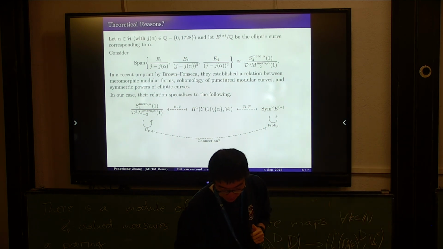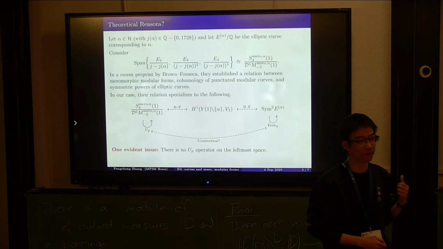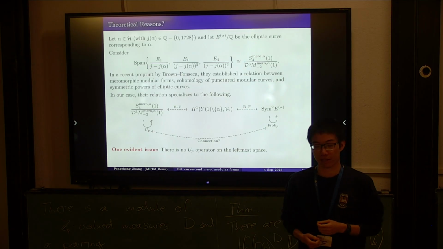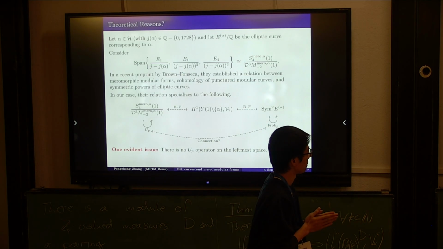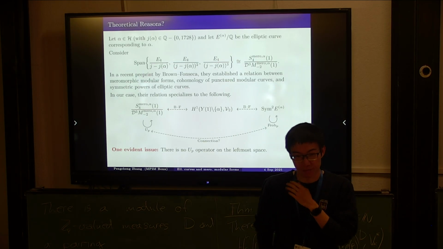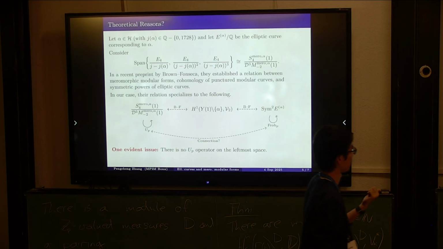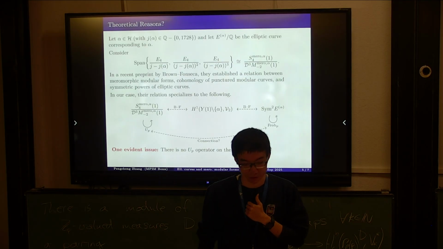But there is one evident issue: there is no U_p operator on the leftmost space, because the U_p operator increases the level and also shifts the pole. In some sense, I don't really know how to solve this issue. But let us pretend for now that there is a U_p operator on the modular form side, because this analogy actually works really well.